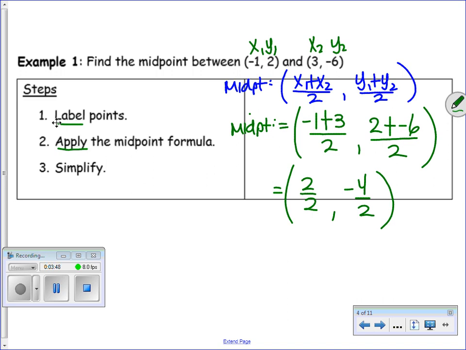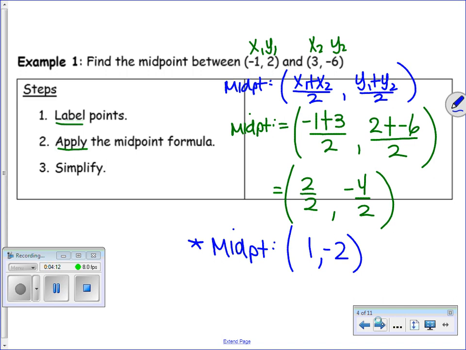And then, of course, I just need to simplify. So in this case, my midpoint is going to be the ordered pair. 2 over 2 simply gives me 1, and then -4 divided by 2 gives me a -2. And this is my answer. This is the midpoint of that line segment.